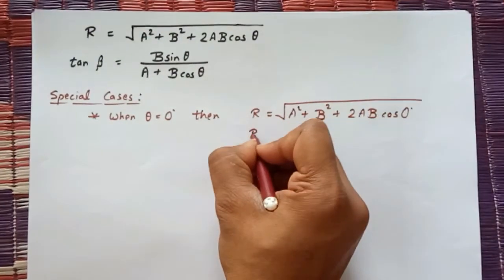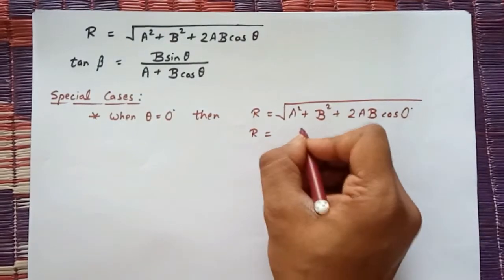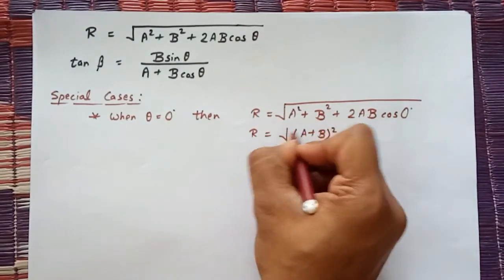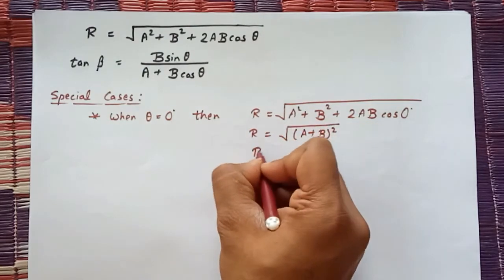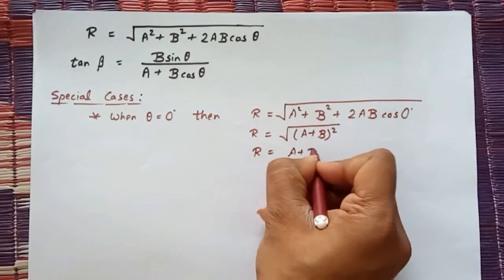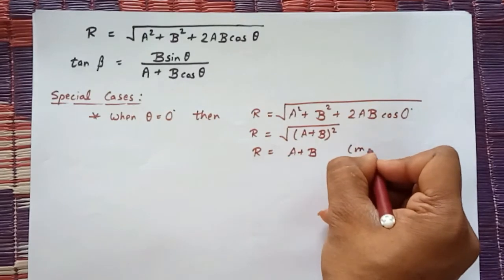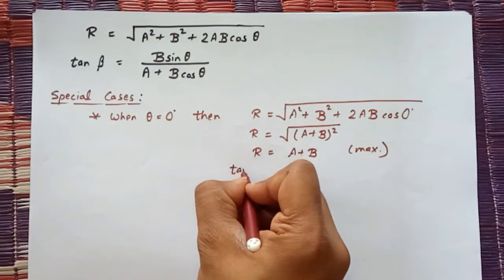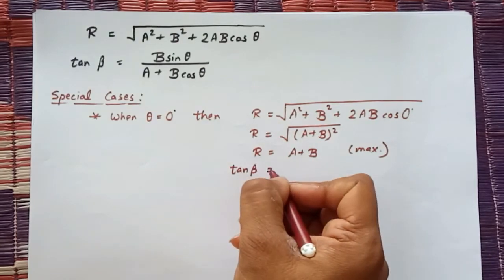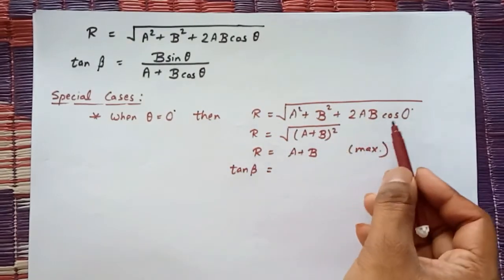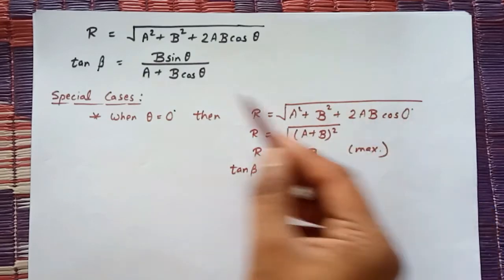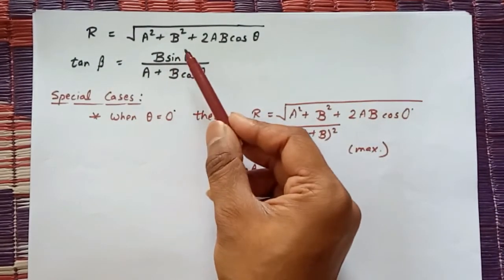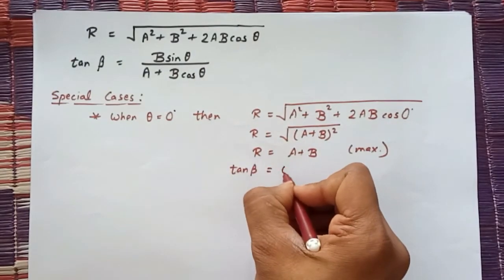So it will be A square plus B square plus 2AB, and I can write it as A plus B whole square. So R vector will be equal to A plus B. This is the maximum possible value of R. And tan beta, in this case, putting the value theta as 0, so B sin 0. Sin 0 is 0. So tan beta will be equal to 0.